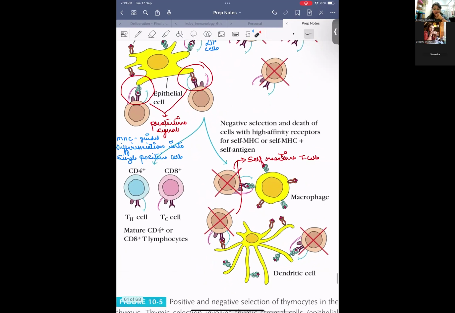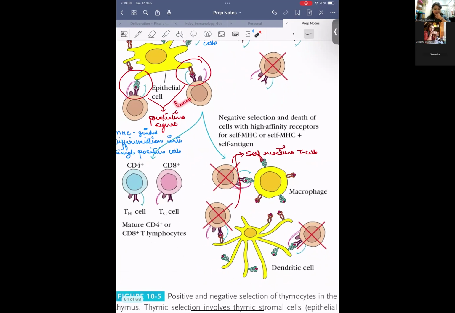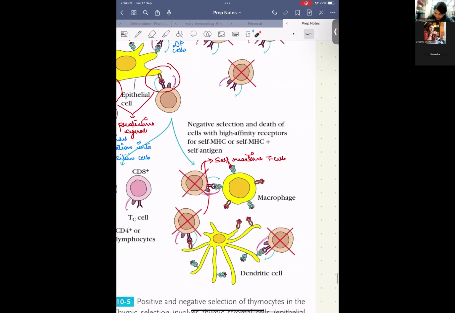based on which MHC molecule type they could interact with. Now, if any of these positively selected cells are recognizing your MHC itself, they have not really drawn it very distinctively, but just imagine that this T cell, instead of recognizing the antigen, is recognizing your MHC molecule itself as an antigen, or the antigen being presented to it is your self antigen.